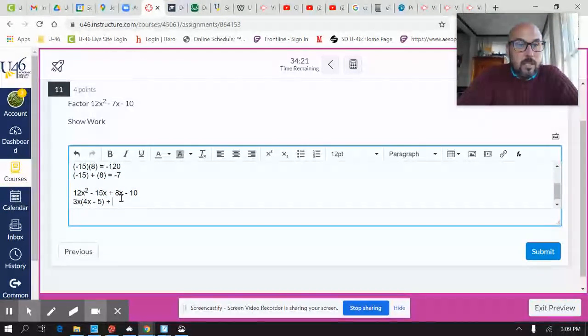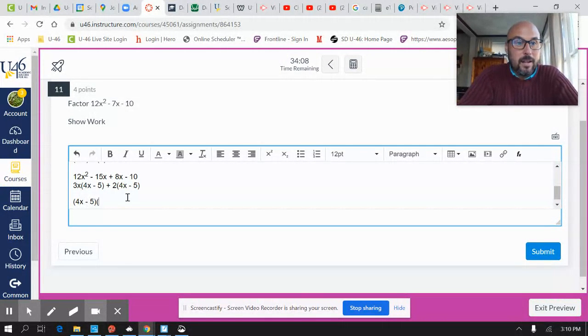And then what's the GCF of these two? They both have a 2 in common. So if you take out a 2, you're left with 4x and negative 5. And then what do the two groupings have in common? They both have 4x minus 5 in common. And then there it is. That's the factorization. And you could quickly check your work.